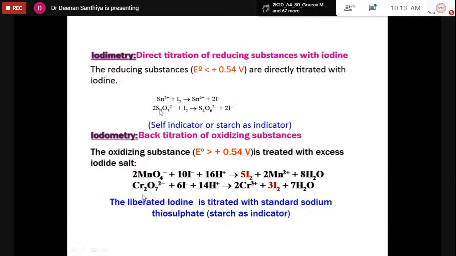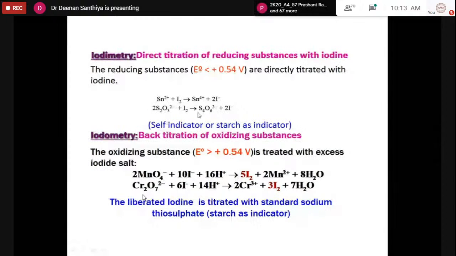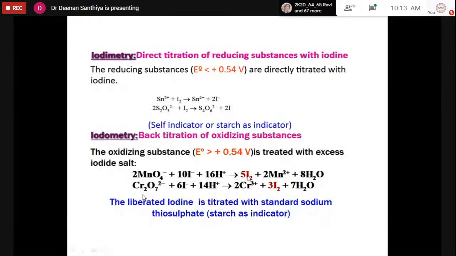In iodometry they use potassium iodide in excess amount, so iodine is getting released, and the released iodine is titrated with sodium thiosulfate. This is the difference. In both cases, starch will be used as an indicator.